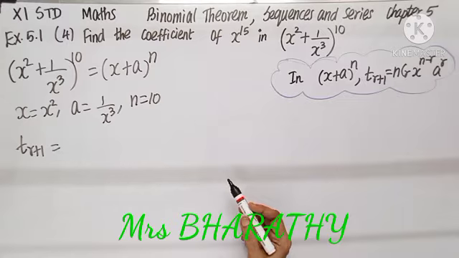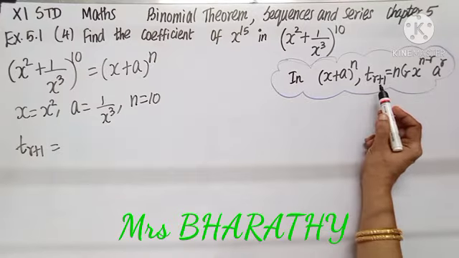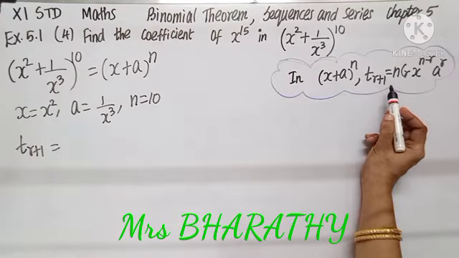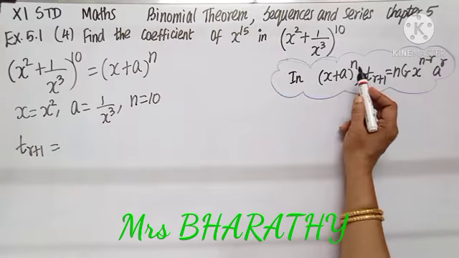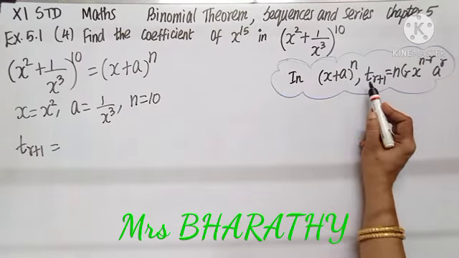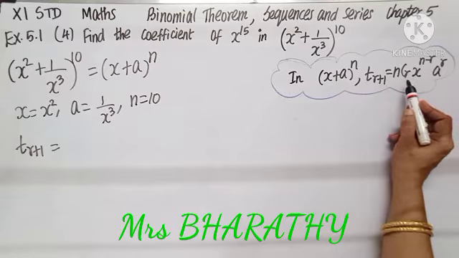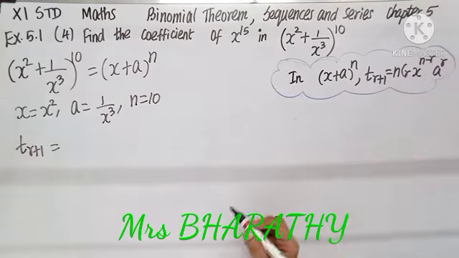So for problems of this pattern, we ought to know the general term formula. If I take the expansion as (x plus a) the whole power n, the general term T(r+1) is nCr x^(n-r) a^r.